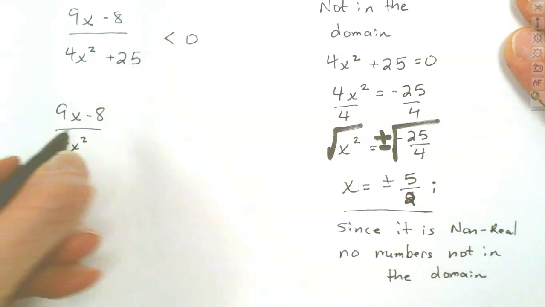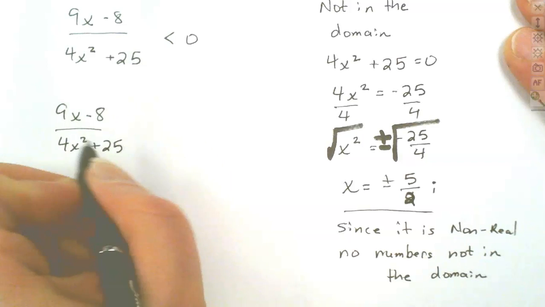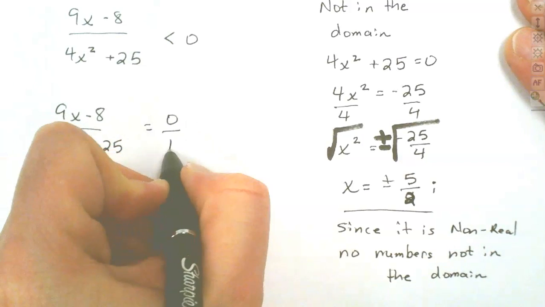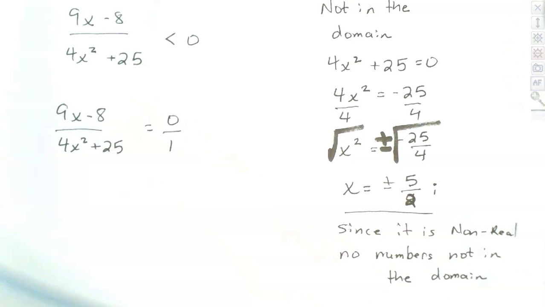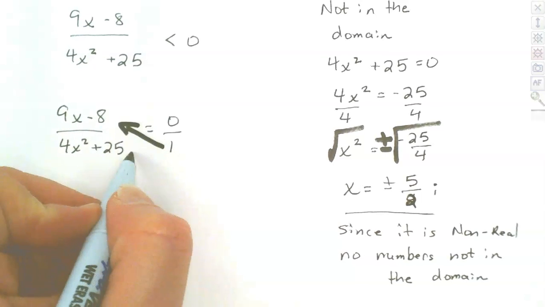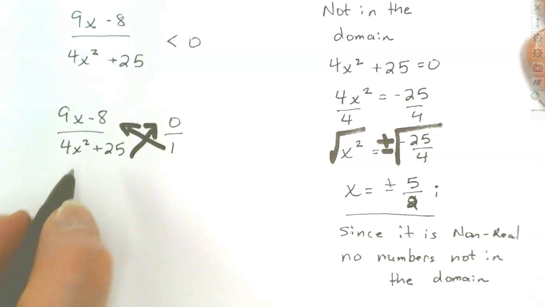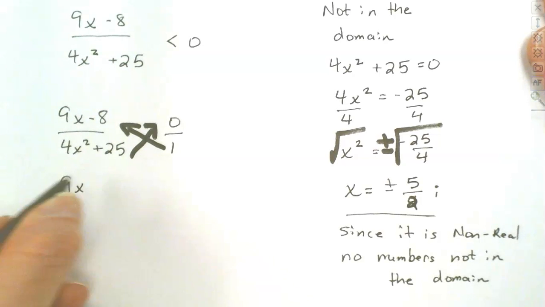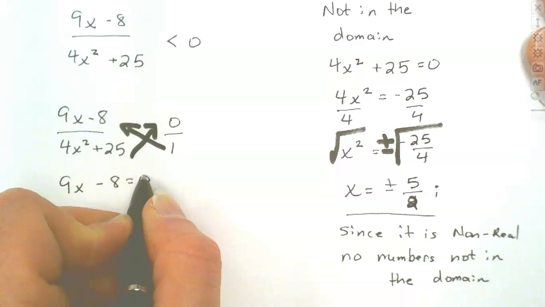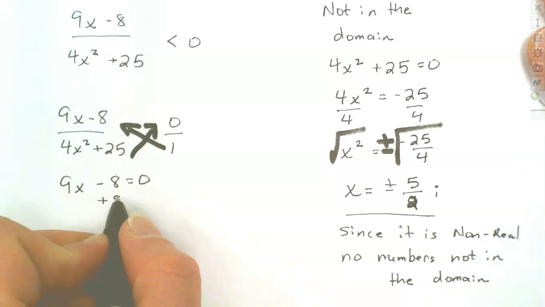And how can I quickly and easily solve this? I can quickly and easily solve it by simply cross multiplying here. And that gives you then 9x minus 8 equals 0. We're going to add that 8 over.